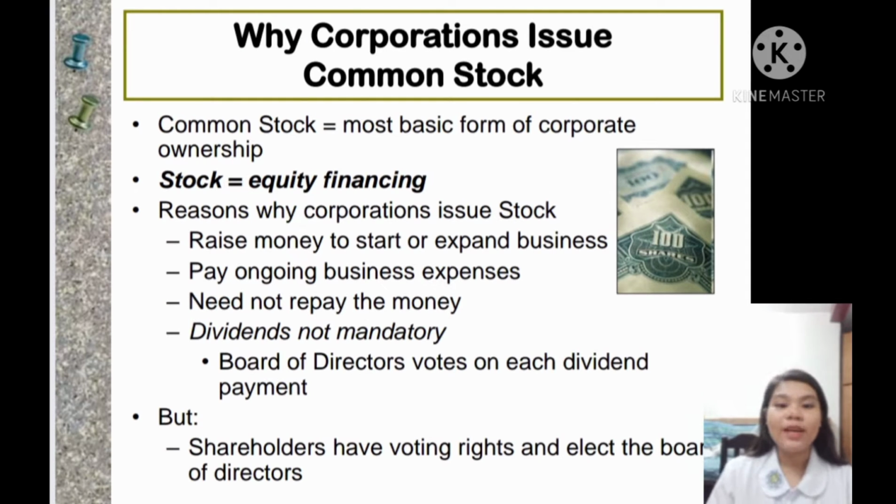In return for investing in a company, investors have the right to vote or elect the respective board of directors. The board of directors is responsible for protecting shareholders' interests, establishing policies for management, oversight of the corporation, and even creating dividend policy.